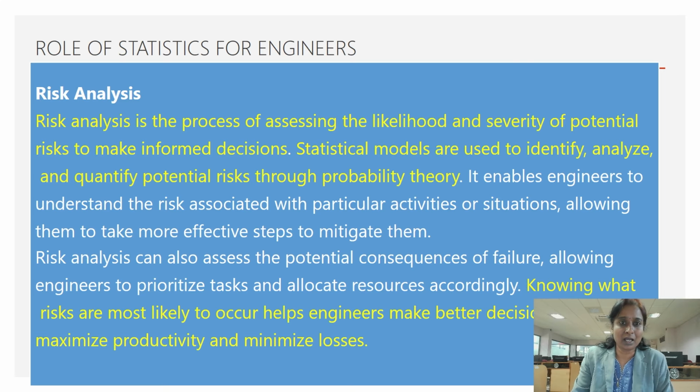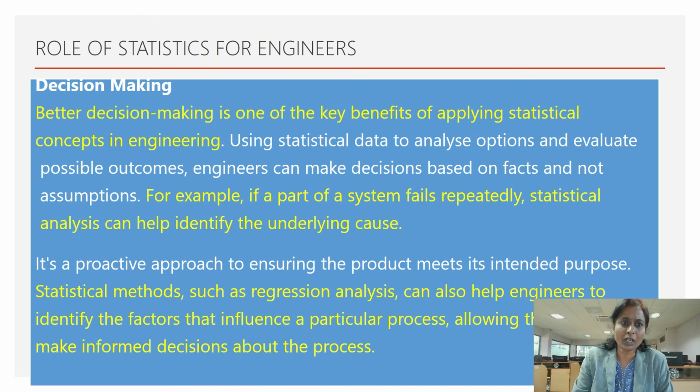The statistics are mainly used for risk analysis. Knowing what risks are most likely to occur helps engineers make better decisions to maximize productivity and minimize losses. So we can see the application in decision making. Better decision making is one of the key benefits of applying statistical concepts in engineering.